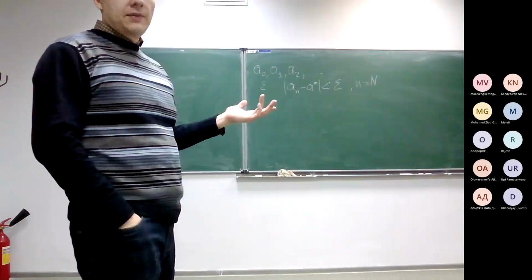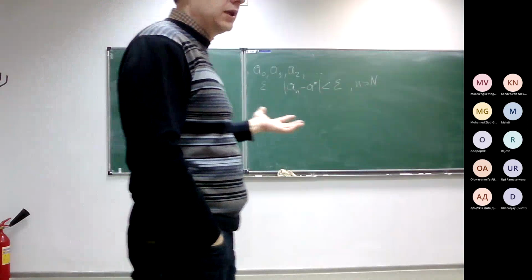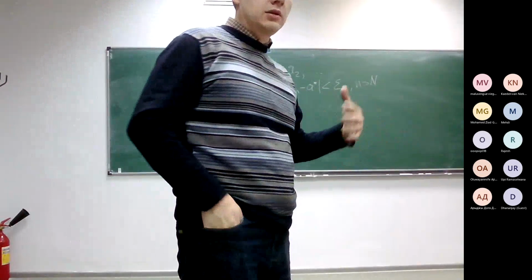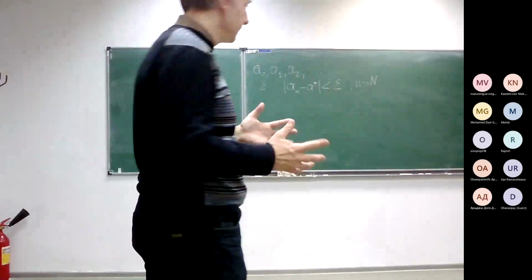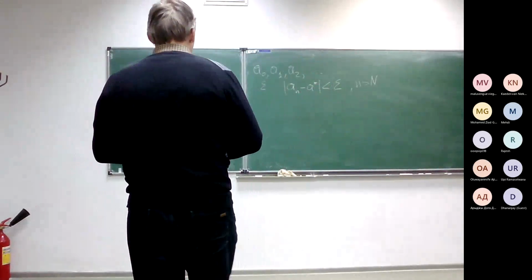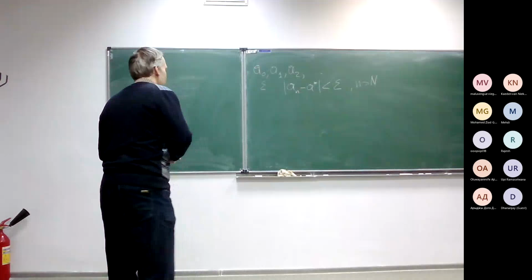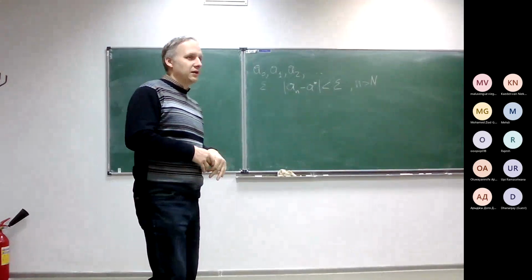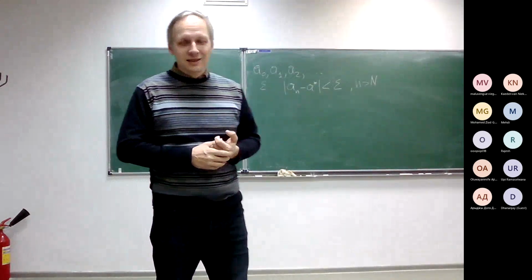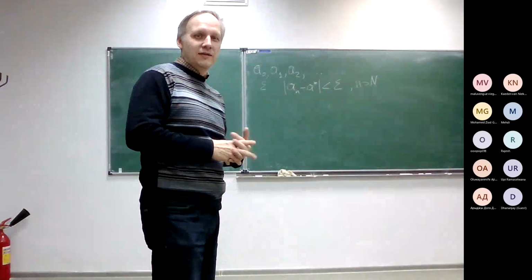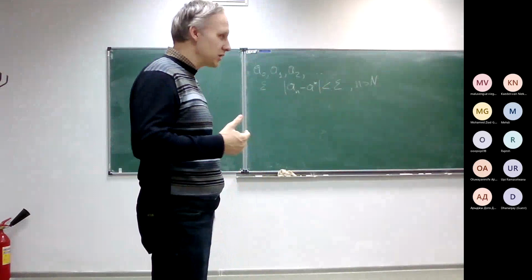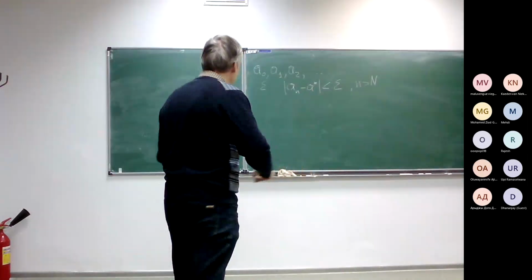Let's consider some examples of sequences that have a limit or don't have a limit. Maybe the simplest example of a sequence that has a limit is a constant sequence.